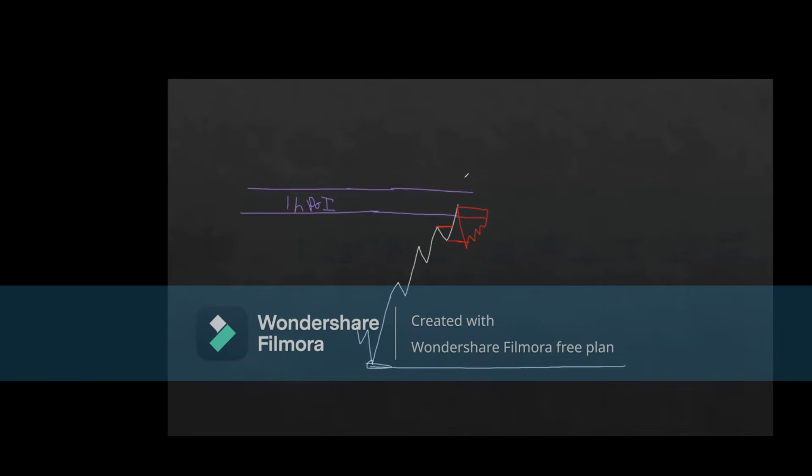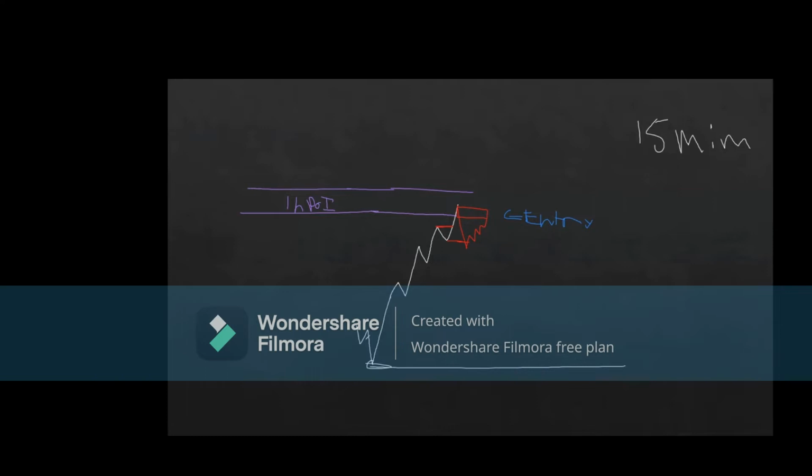Let's say this white structure is the 15-minute. So price broke structure, came to the POI, and that's your confirmation entry right here. Now you can start to stack trades.